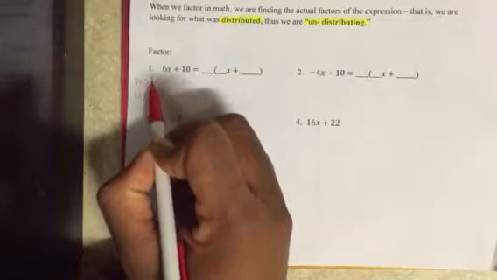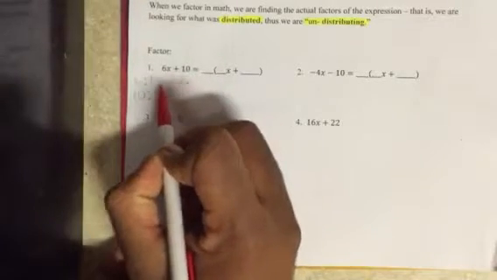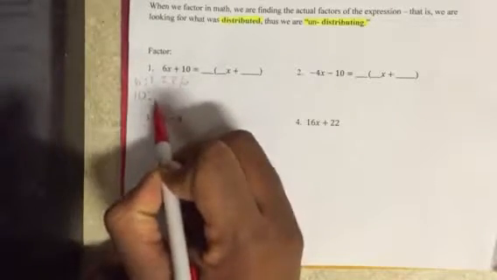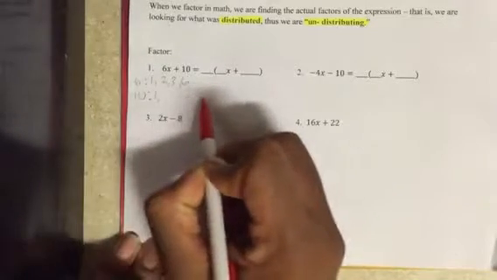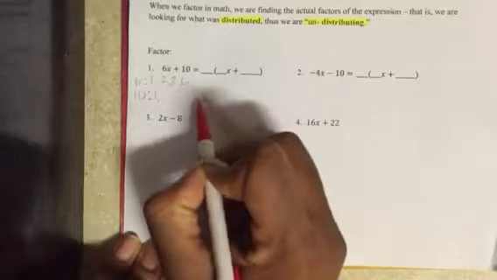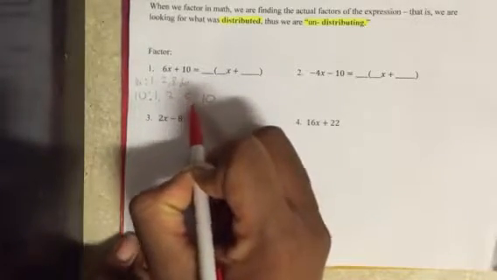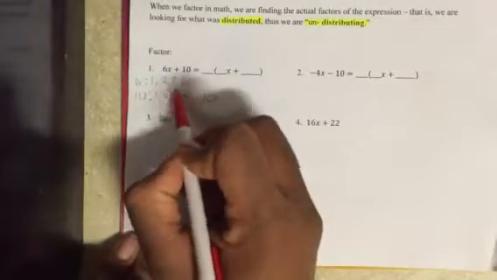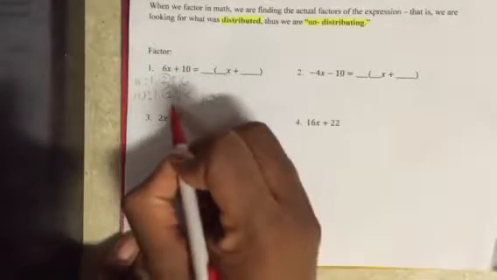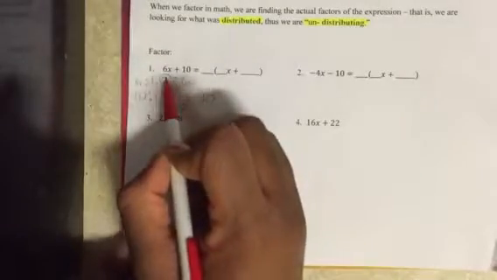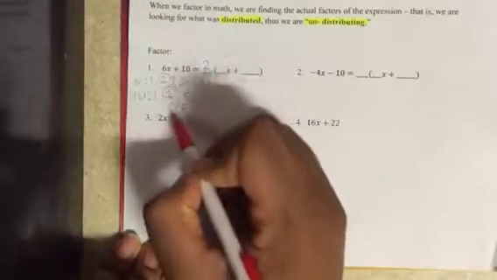The factors of 6 are 1 and 6, because 1 times 6 is 6, and then 2 times 3 is 6. And 1 times 10 is 10, and then 2 times 5 is 10. So what is the GCF? That GCF is 2. So now, this is what we distributed, so it should go in front of the parentheses.